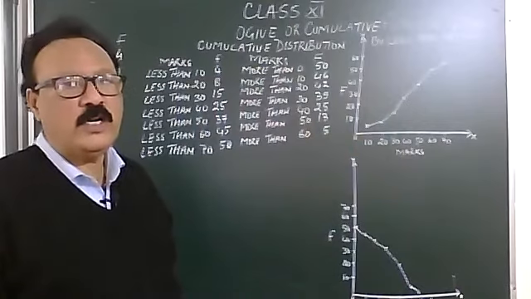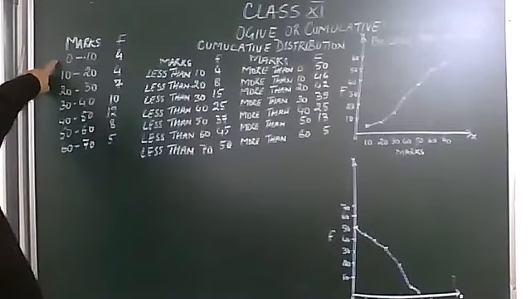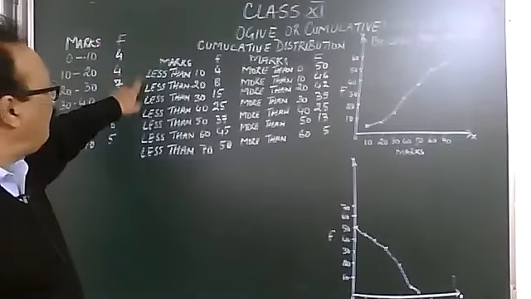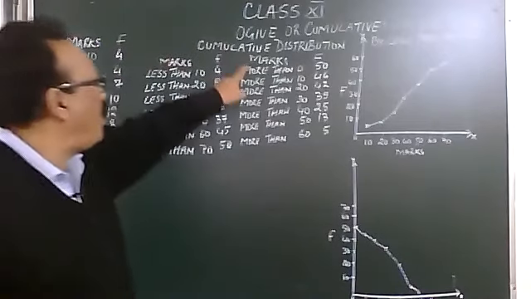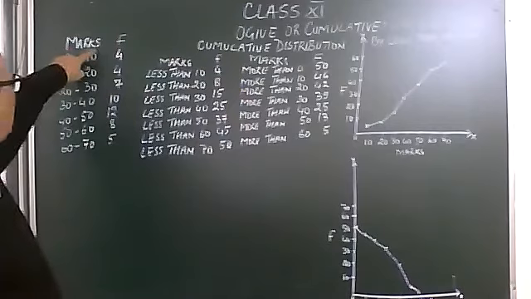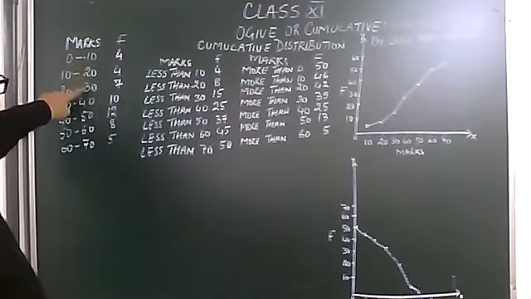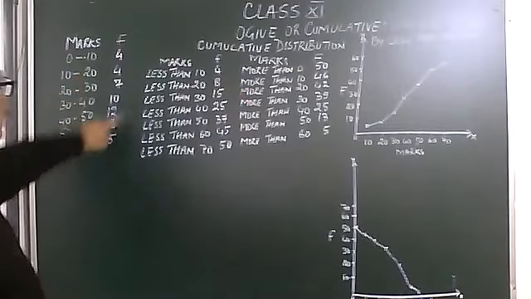The main thing, children, remember is how you translate the data to make them into less than or more than. For the less than, again I am repeating, pay attention, you will use the upper limits of the class using the word less than. So less than 10, less than 20, 30, 40, 50, 60, 70.